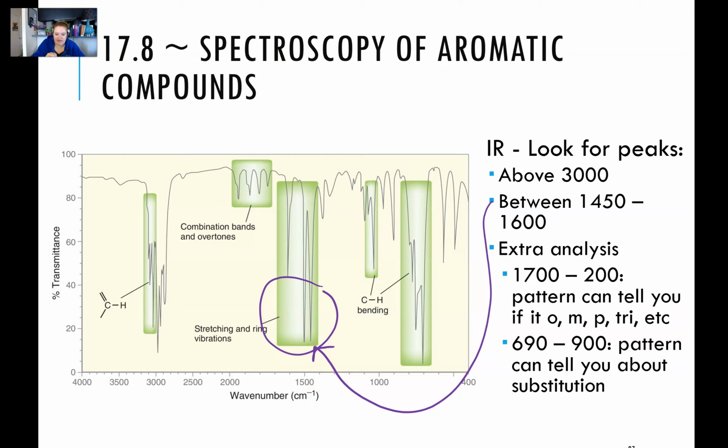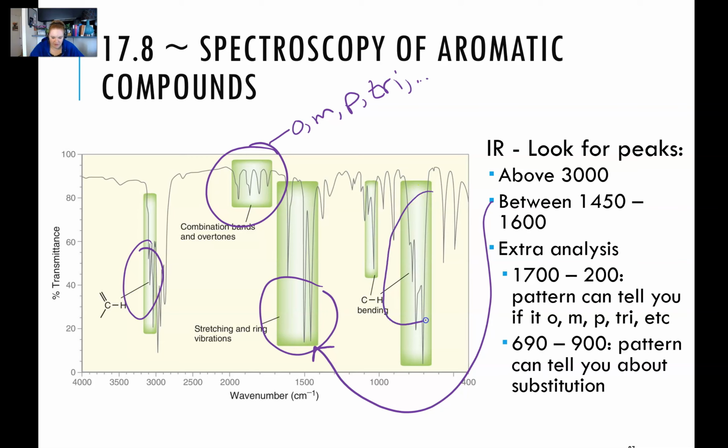And then in this region up here, we will see overtones that tell us if it's ortho, meta, para, tri-substituted, and so on. And then we have the carbon-hydrogen bonds for an sp2 carbon bonded to a hydrogen. The area over here can also give us information about how it's substituted. So you most likely had to look into this for test number 1 already, but this is just a little bit of a reminder.